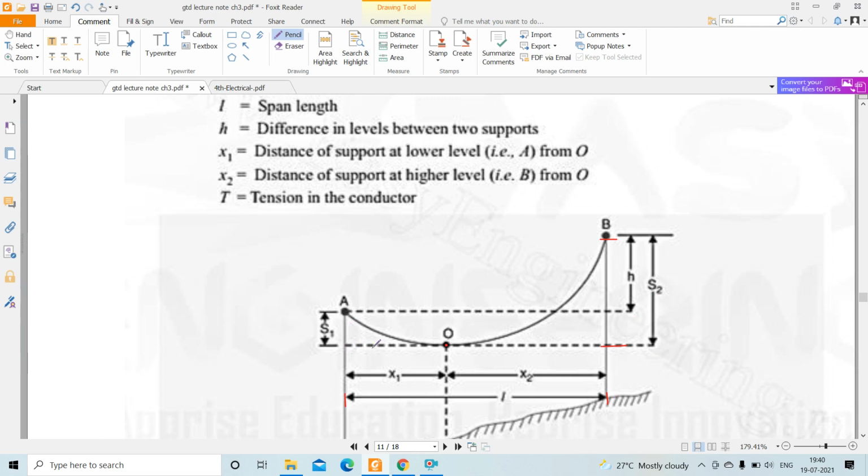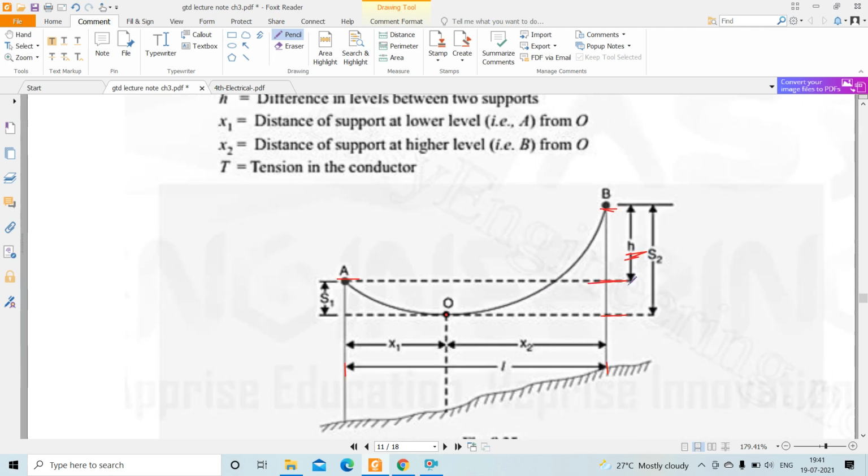Then the distance between A and O is x1, and the distance between the support at higher level, that is B, and O is x2, and T is the tension in the conductor, and H is the difference in level between the two supports. So this is one level and this is the other level, and the distance between the two levels is h, which is written over here.